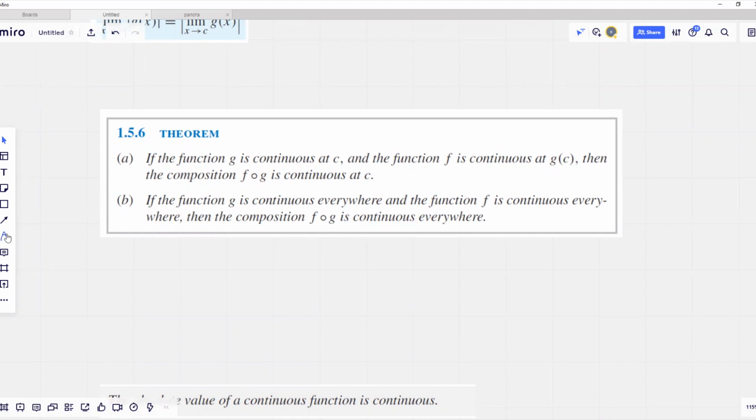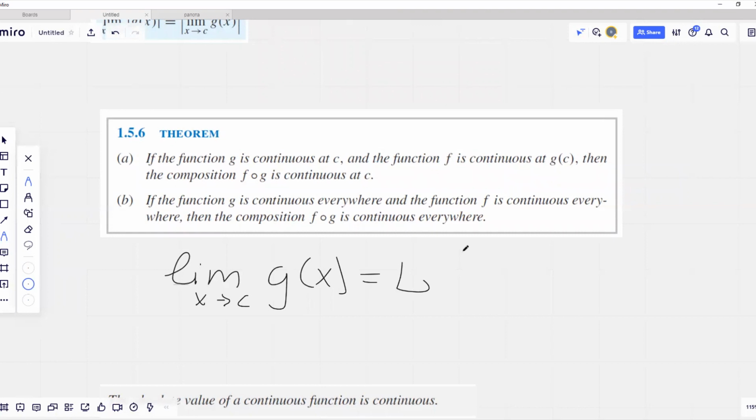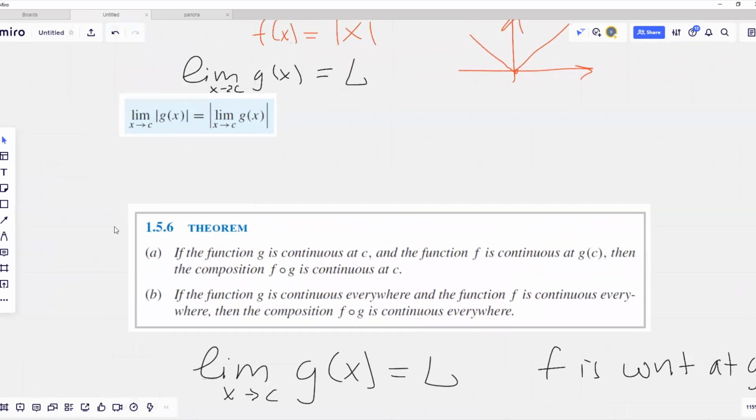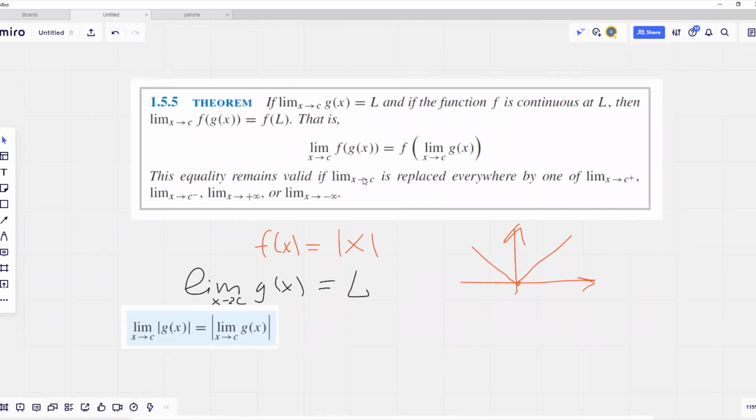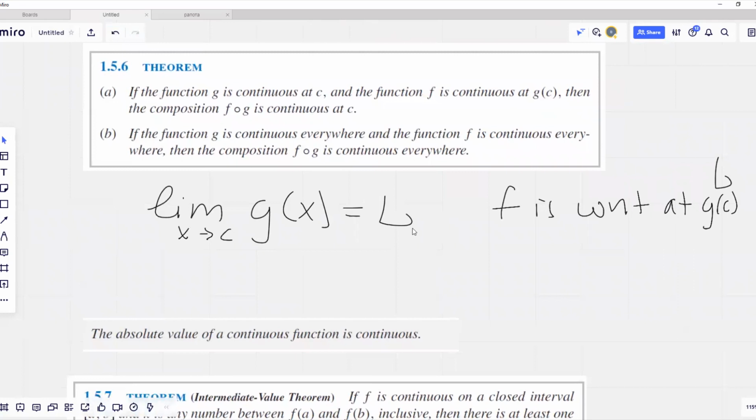Let's prove part A. So g is continuous at point c, meaning that the limit as x is approaching point c of g of x exists and is equal to some big L. We also know that f is continuous at g of c, or at L. Then according to this theorem here, we know that the two-sided limit of their composition exists and is equal to f of L, meaning that their composition is continuous at point C.